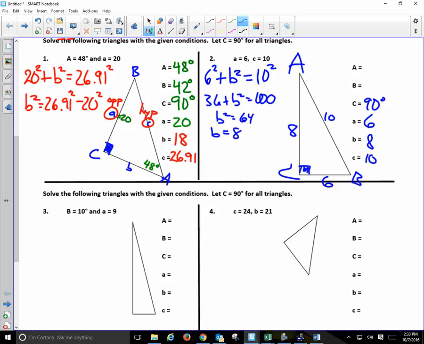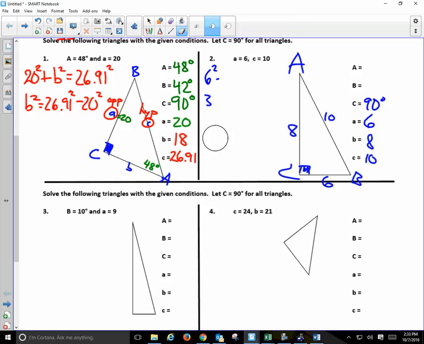What angle do you want to find? Thank you, Jesse. I want to find angle B. I like to use cosine.